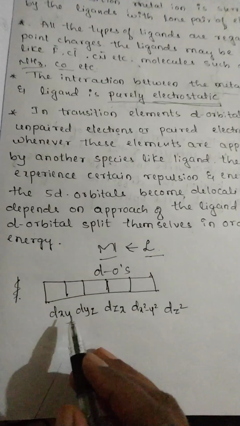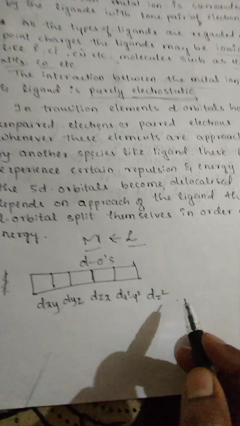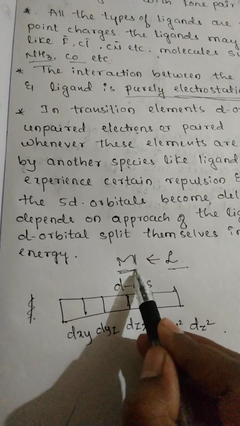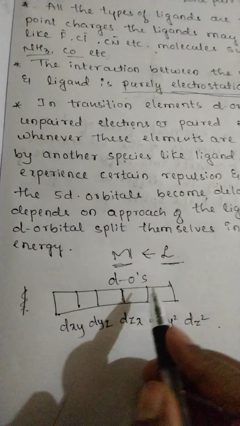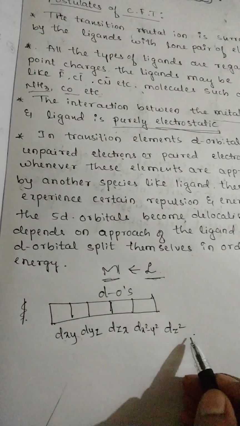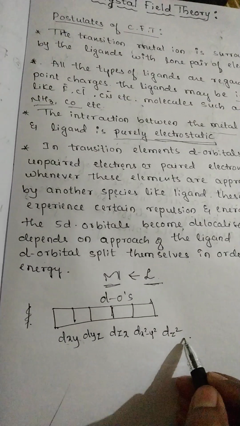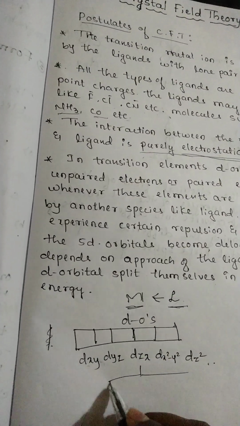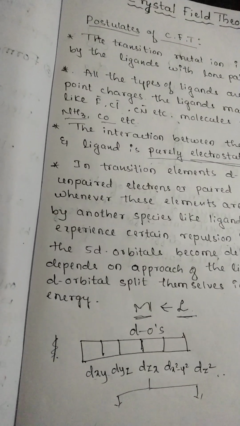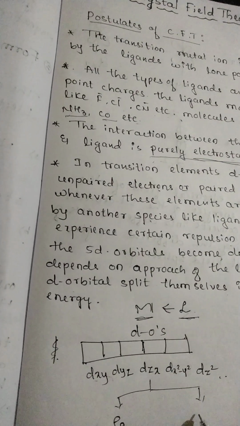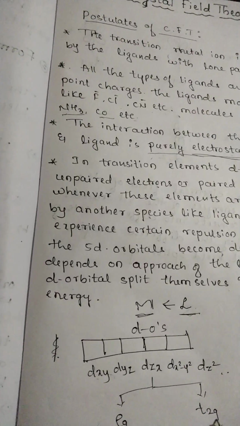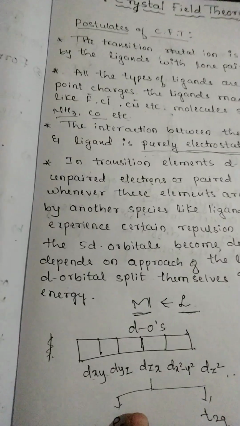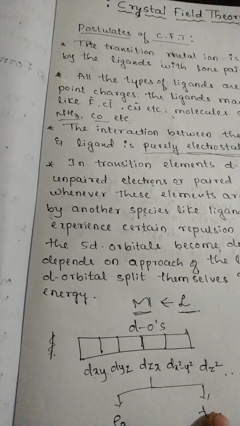When the repulsion occurs between a metal and ligand, these five degenerate orbitals will be split into two sets: one is Eg and the other is T2g.